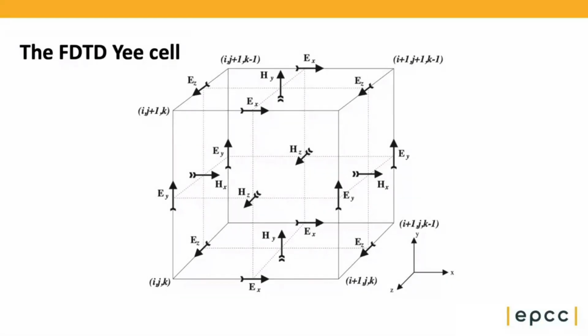And what you notice there is that all electric components are not located at the same spot, and both electric and magnetic components are spaced apart. Equally, they're spaced apart in time as well. And that creates a leapfrog numerical solution of these differential equations, which is very well established. It's conditionally stable, and in essence, a wave propagator.